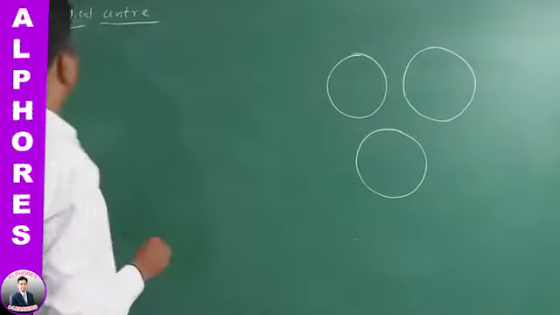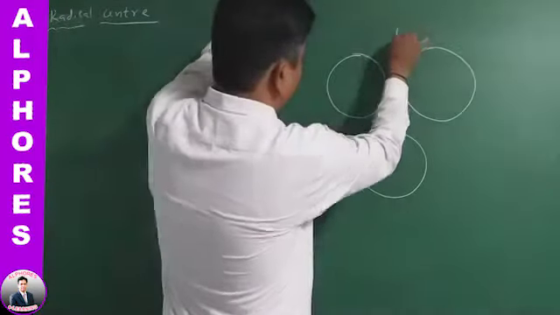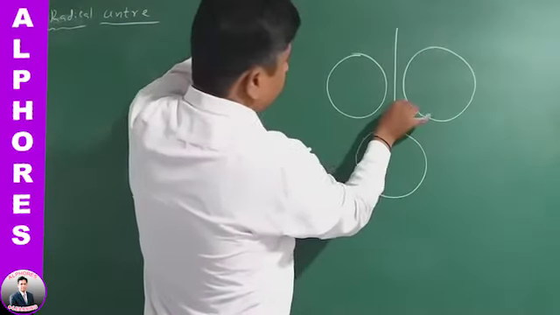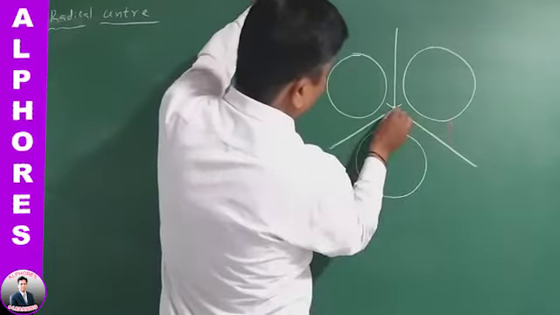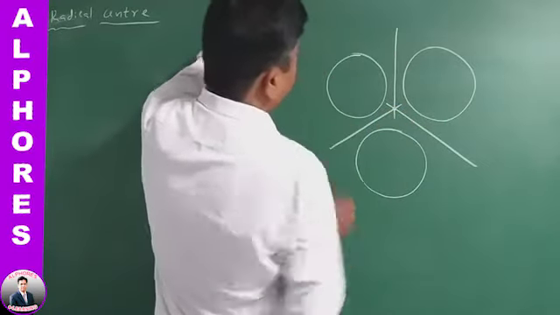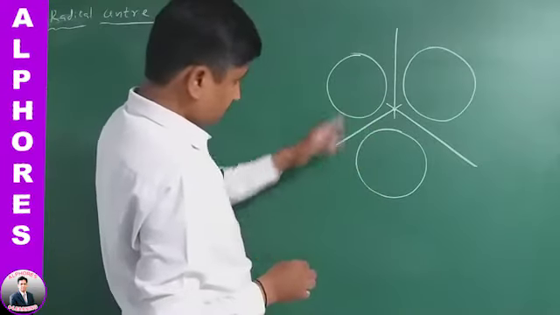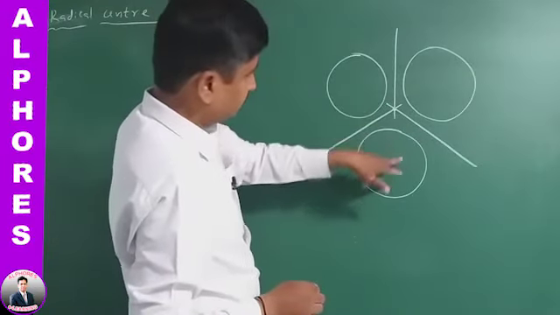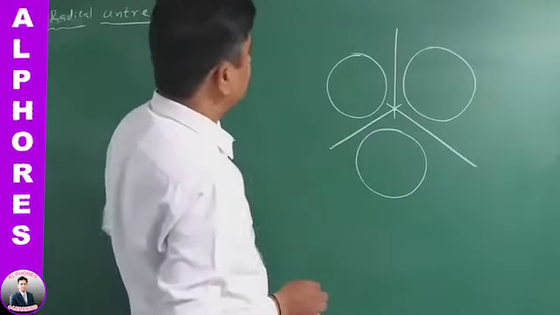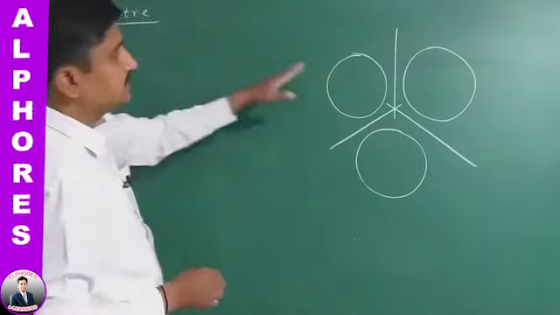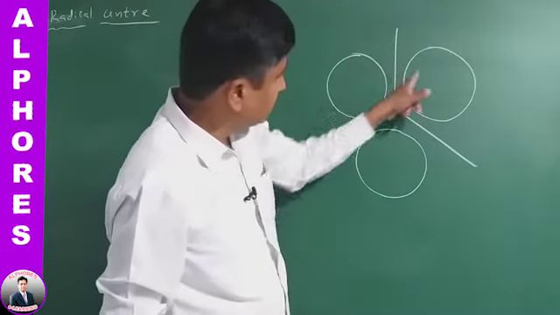The point of intersection of the radical axes of three circles taken in pairs, whose centers are not collinear, is called the radical center of the three circles.